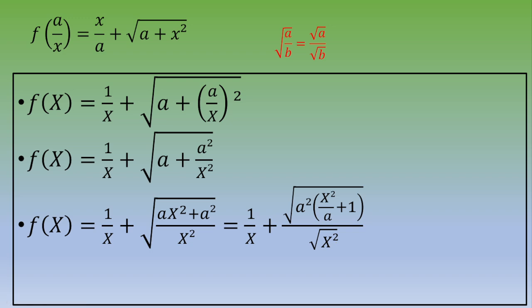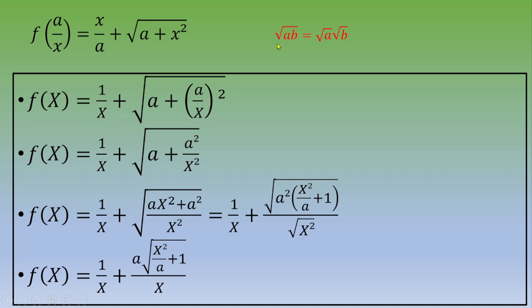So x is a positive number, a is a positive constant, so the square root of capital X squared equals capital X. And then we are going to focus on the numerator, and we are going to recall this formula, which states that the square root of ab equals the square root of a times the square root of b.